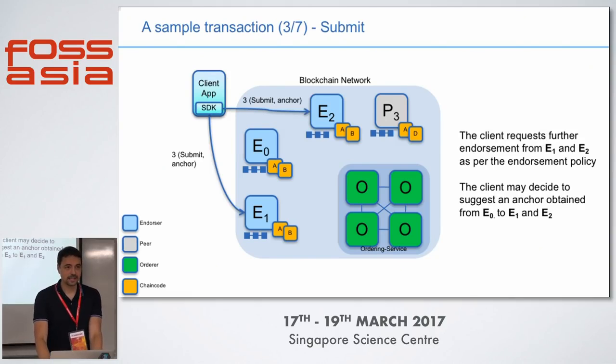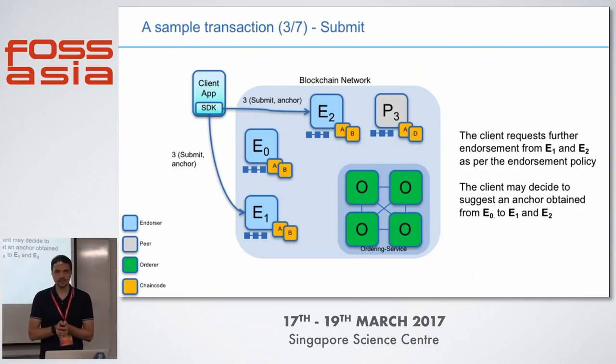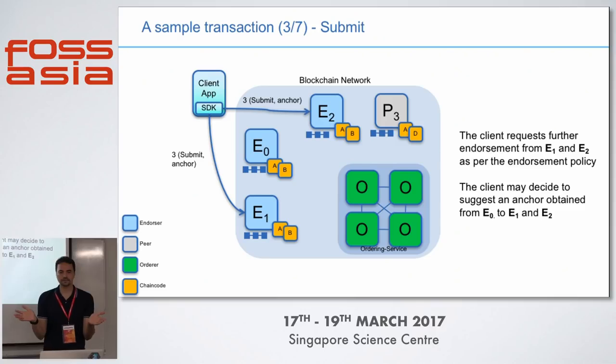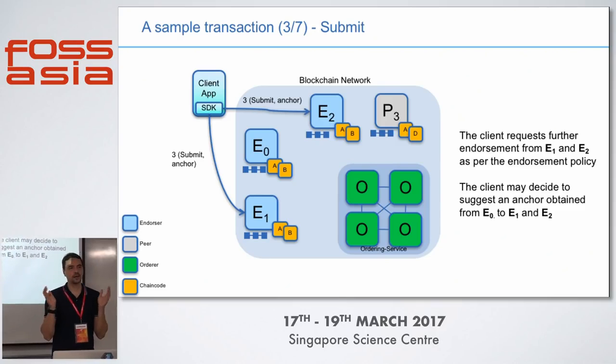Then the client takes this along with the transaction proposal, and according to the policy, which is another new thing that we have in the new architecture, it sends this transaction proposal and the signature to other endorsement peers. So the policy is basically a configuration. It's like a business rule.